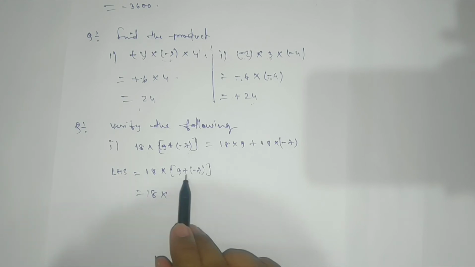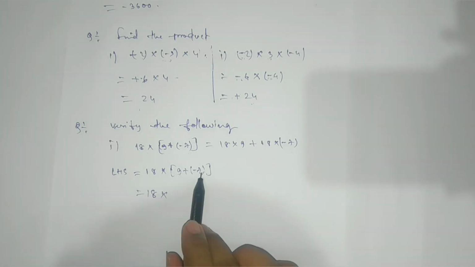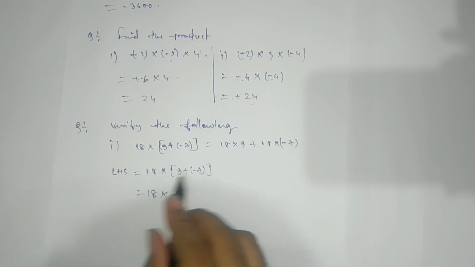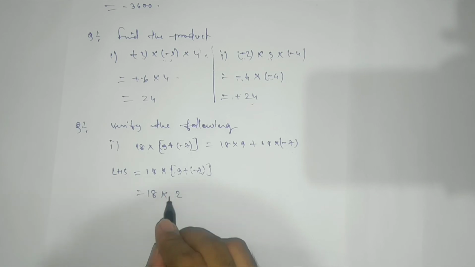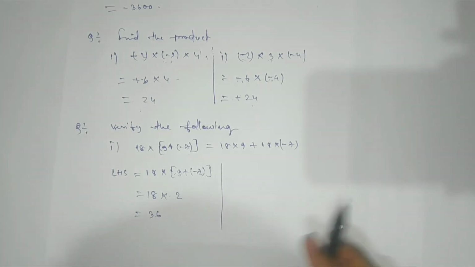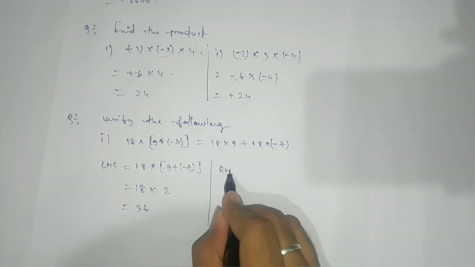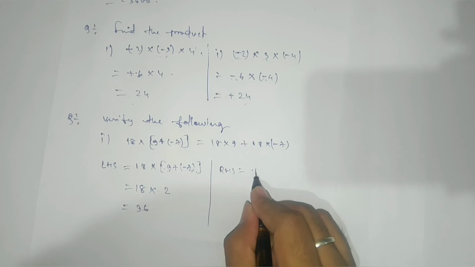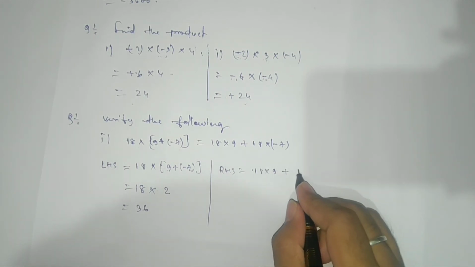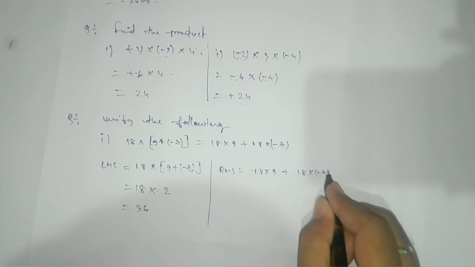Here the rule is that if symbols are different, we subtract. 9 minus 7 will give you 2, and then you check which is bigger. 9 is bigger, which symbol is there, plus, so we'll write plus, or you can keep it. Now your answer is 36. 18 twos are 36. Okay, now this side RHS is equal to what, 18 into 9 plus 18 into -7.